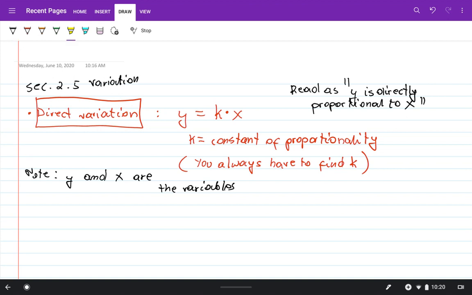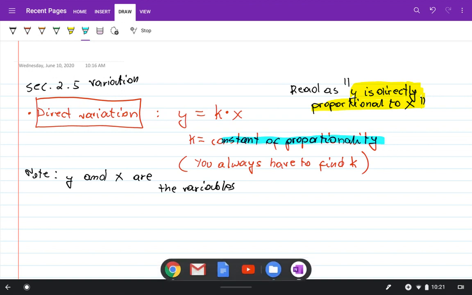And this is important because we're going to have three different types of variation. You will know which type of variation we're dealing with based on the words they're using in the problem. So directly proportional means the equation we need is y equals k times x, where k is the constant of proportionality. Okay, so I will go back to the PowerPoint.